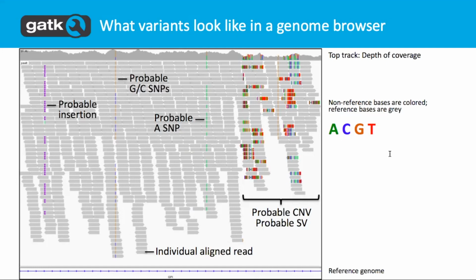There's this G to C SNP right here. Then there is another SNP, this is a het SNP right here, and finally you see there's this huge mass of misaligned reads, which possibly points to some kind of structural variation. What kind of structural variation is actually pretty hard to see, but that's what it most likely indicates.